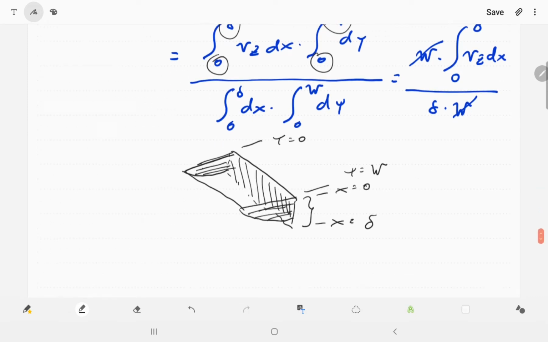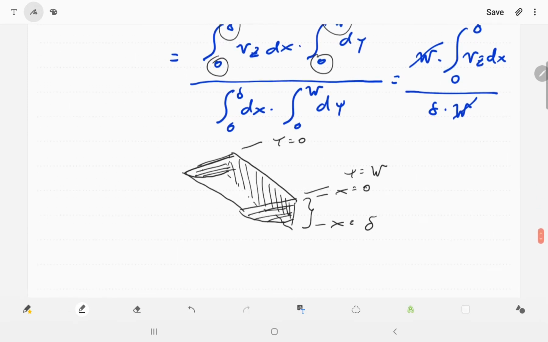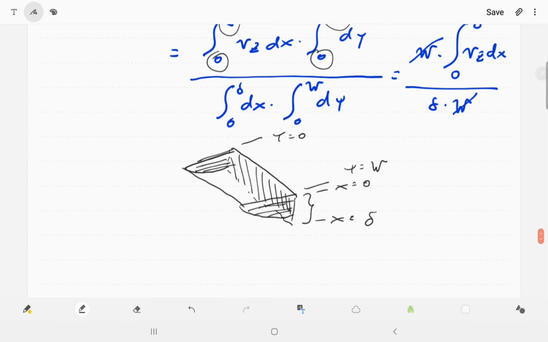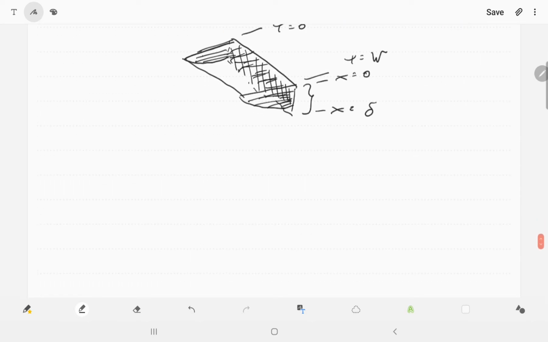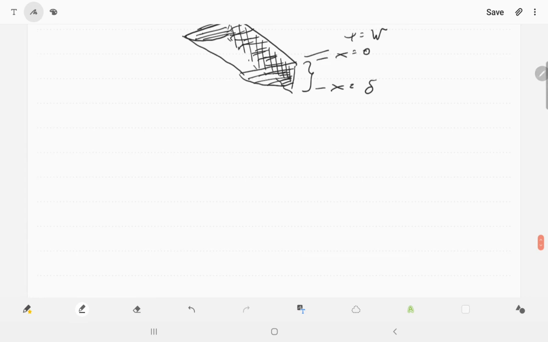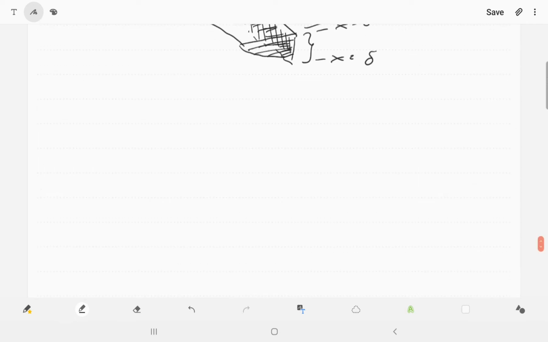So for this particular averaging, it's only this particular area that is of interest to us, which does not involve the variable of length. So then we can continue further on in here.